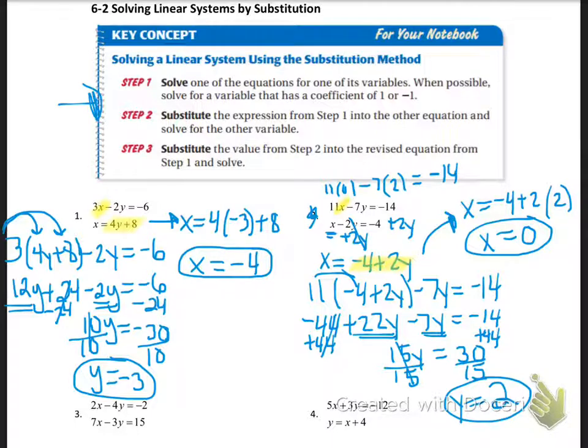Yes, because that's 0 minus 7 times 2, which is negative 14. And then you would plug it into the other equation as well. So 0 minus 2 times 2, which is 0 minus 4, which is negative 4. So that one also works. Okay, so be sure to check. Pause the video, try number 3 and 4.